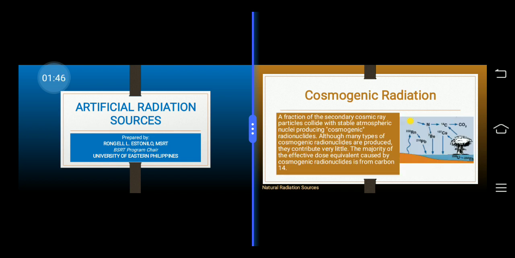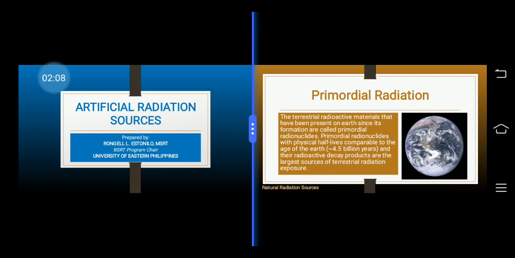We also mentioned the cosmogenic radiation. These are secondary cosmic radiation plus the atmospheric radionuclides, and their interaction produces cosmogenic radionuclides. The primary source of cosmogenic radiation is carbon-14. Along with that, we mentioned the primordial or terrestrial radiation, which has been produced since the existence of the Earth.